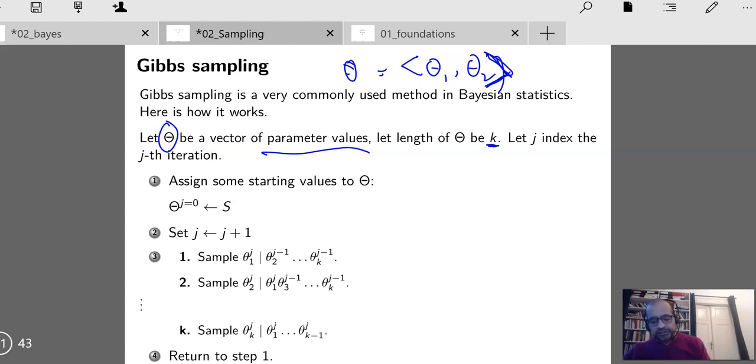And what I'm going to do is, j is going to index the iteration in the sampling algorithm. So j will be step 0, step 1, step 2, and so on. So if I decide on running the sampler for 10,000 steps, 10,000 iterations, then this jth term will be increasing in value each time.